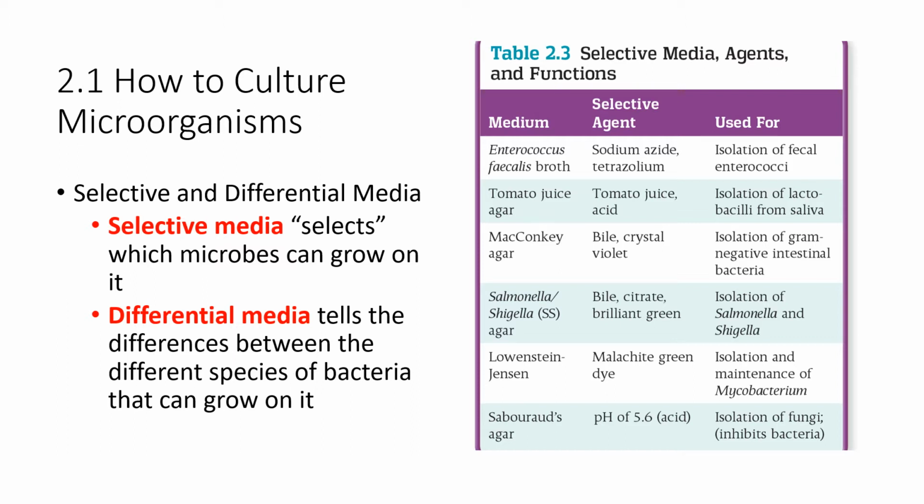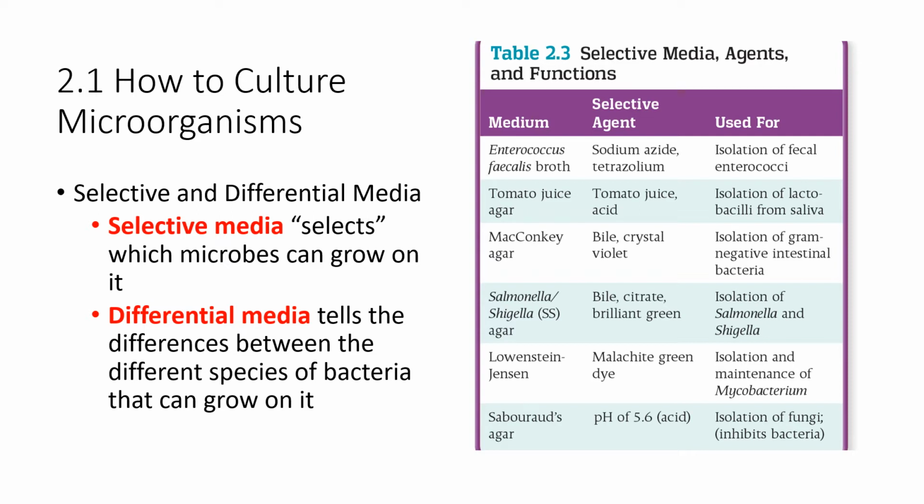If you look at table 2.3 on the right there, a couple of different types of media. The MacConkey agar is one that's used quite often. It's a complex medium. It has bile. We're not sure what's in the bile. We just know there's going to be bile salts and things like that. And then crystal violet.